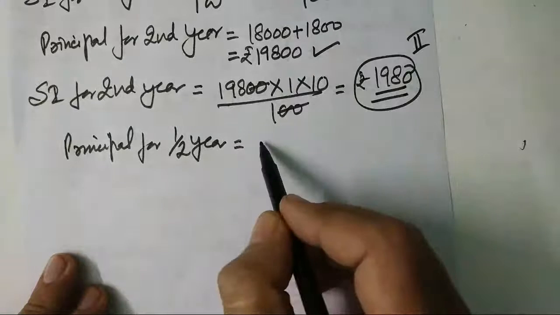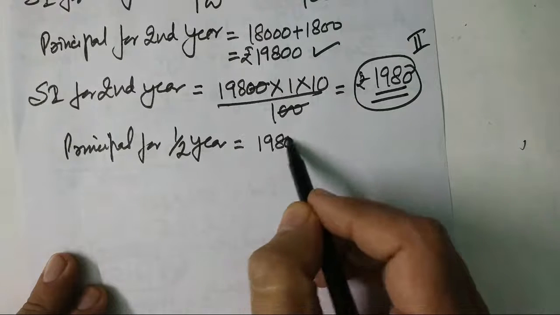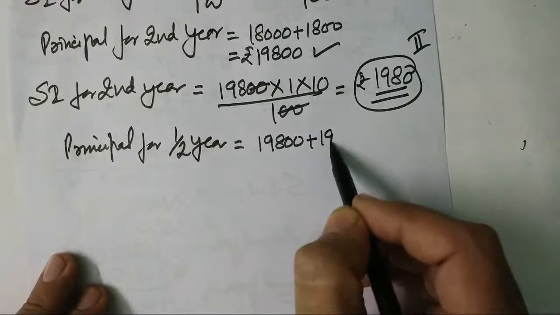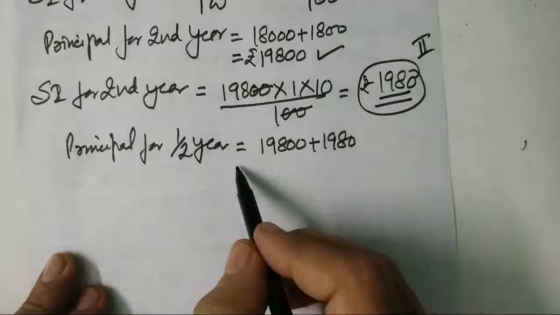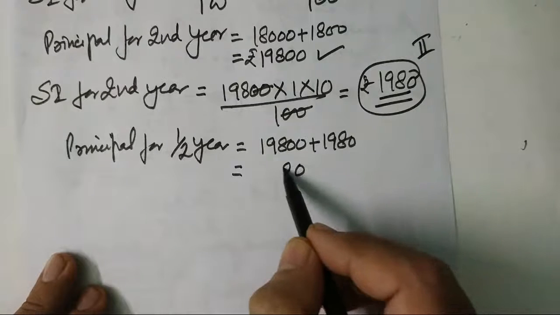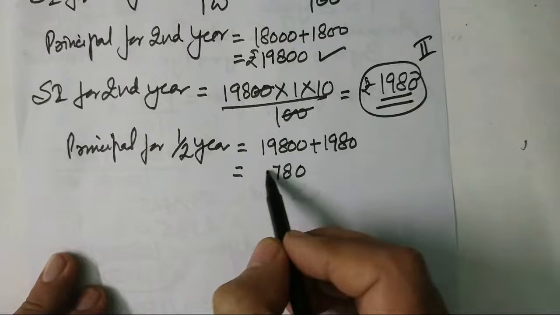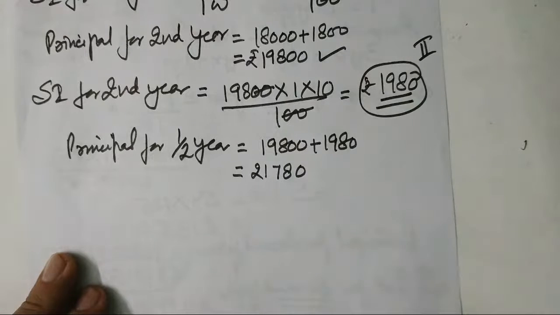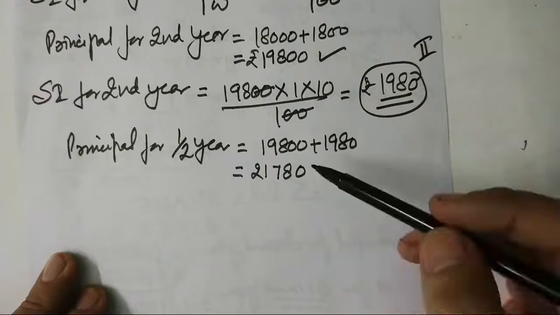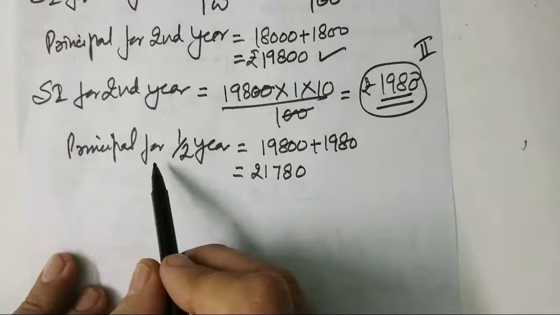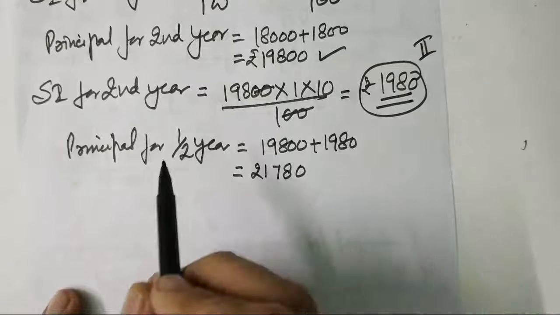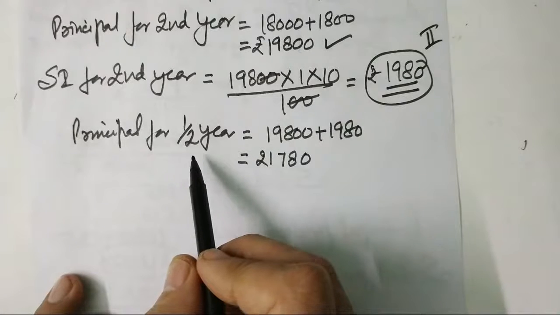We will add 19800 plus 1980. The method remains the same, the only thing is that we are just adding the interest. Now we will not calculate interest for the whole year. We will calculate only for the half year.